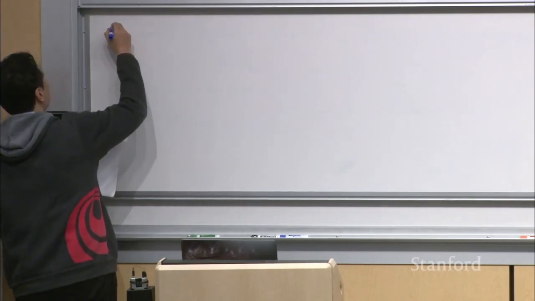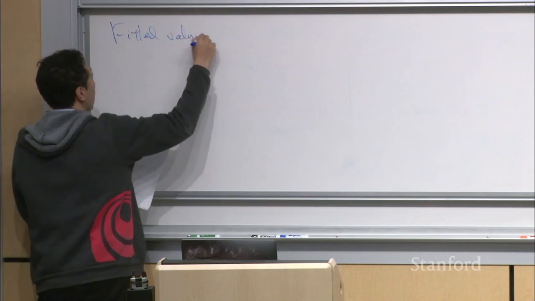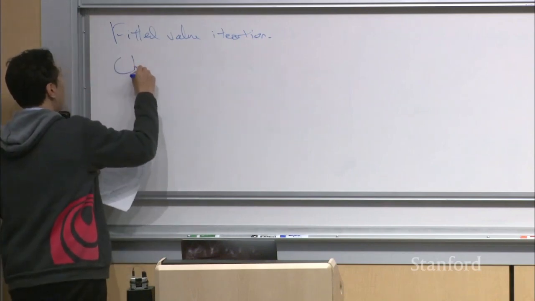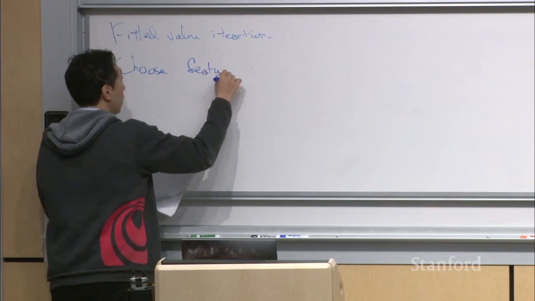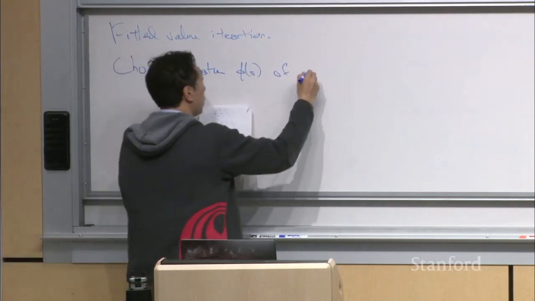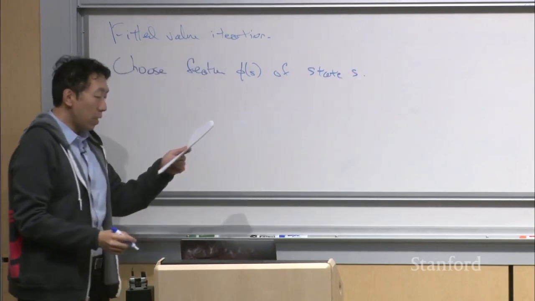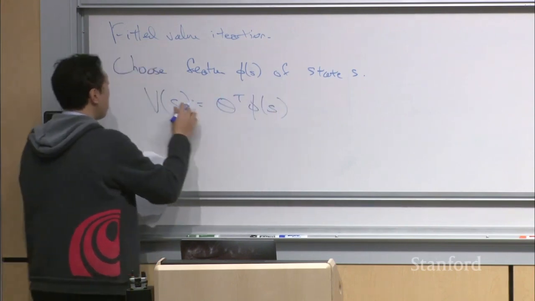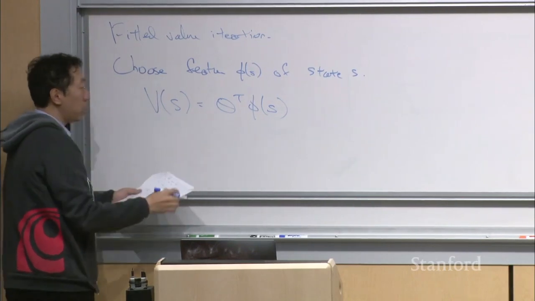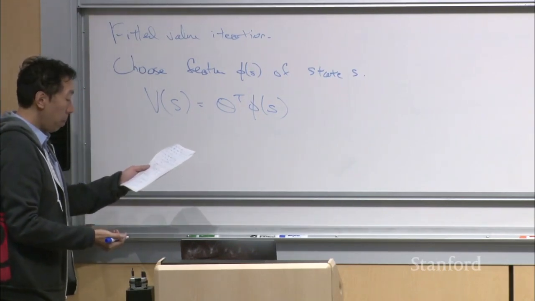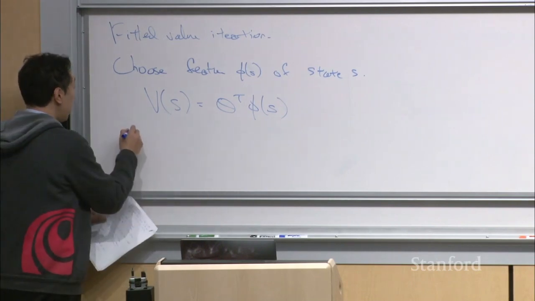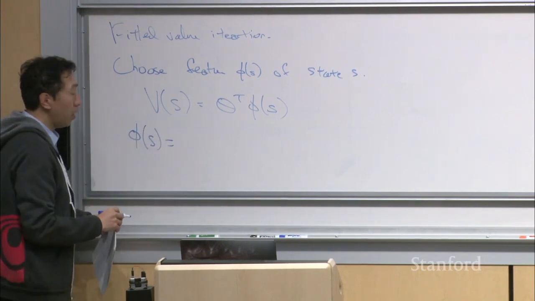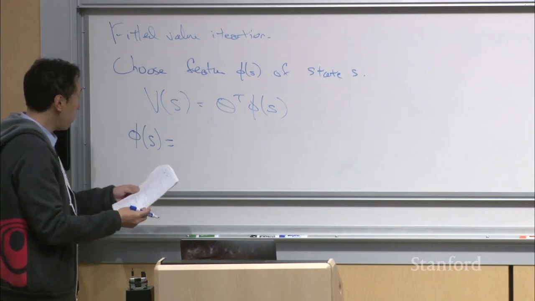In order to apply fitted value iteration, the first step is to choose features of the state S, and then we'll approximate V star using a function V of S, which is going to be theta transpose phi of S. And so, in the case of an inverted pendulum, right?